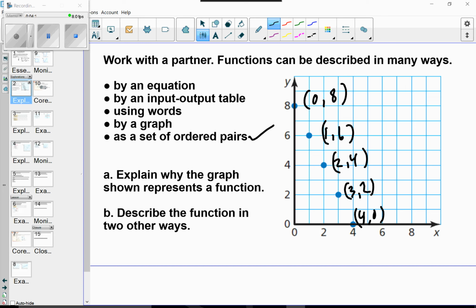If you look here, every single x value is unique. I have a 0, a 1, a 2, a 3, a 4. There are no repeats. So every x has one y that it goes to. We're not having 2 go to another y value besides 4, or 3 go to another y value besides 2. So this is just another example of a function.